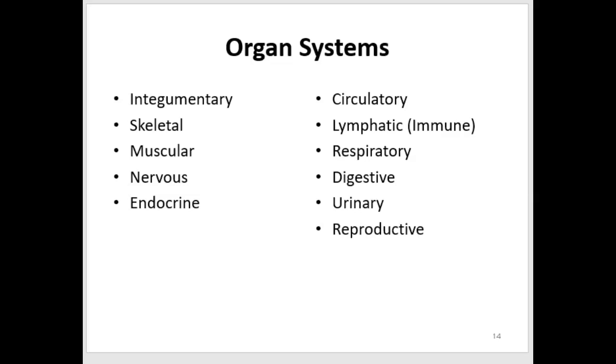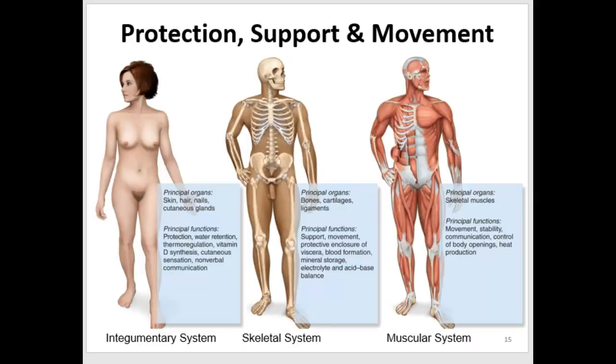Now they all have individual functions, but there is some overlap in the sense that there may be multiple organ systems that contribute to the same overall general function. Really general functions though, not very specific. So for example, we could say that these 3 organ systems are involved with protecting or supporting the body in some way.